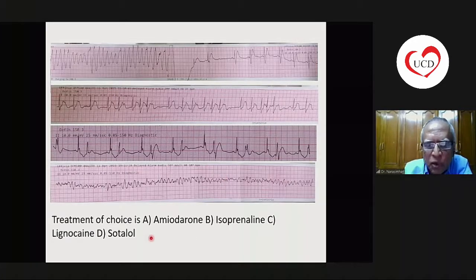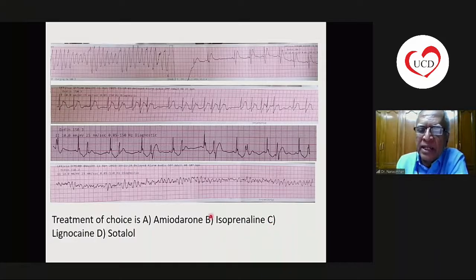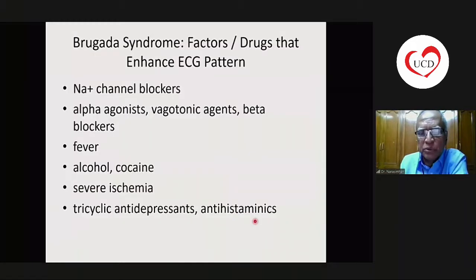Paradoxically, this is the only condition where all the antiarrhythmic drugs like sotalol, everything will worsen the situation except isoproterenol. It is counterintuitive, but isoproterenol is a drug which will be useful and it will help you to tide over this crisis. And that's what we did for this patient. We were able to tide over the crisis with isoproterenol.